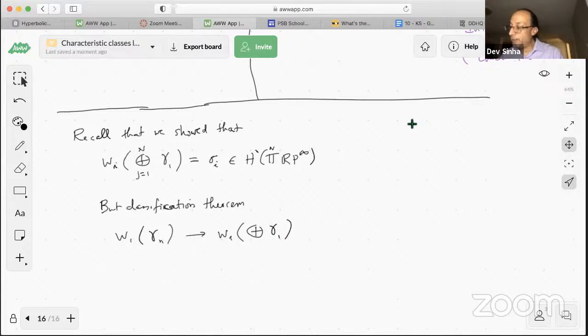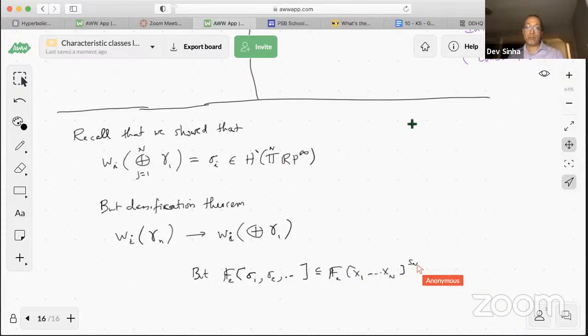And what you find is that, with F2 coefficients, you calculate the image in cohomology inside F2 adjoin x1 through xn: you end up with symmetric polynomials.